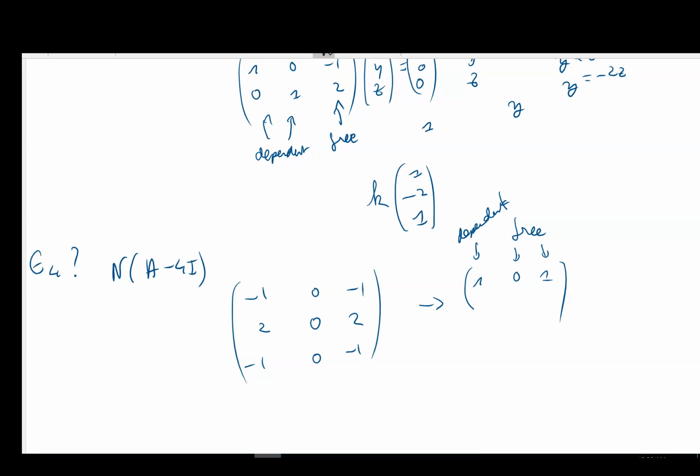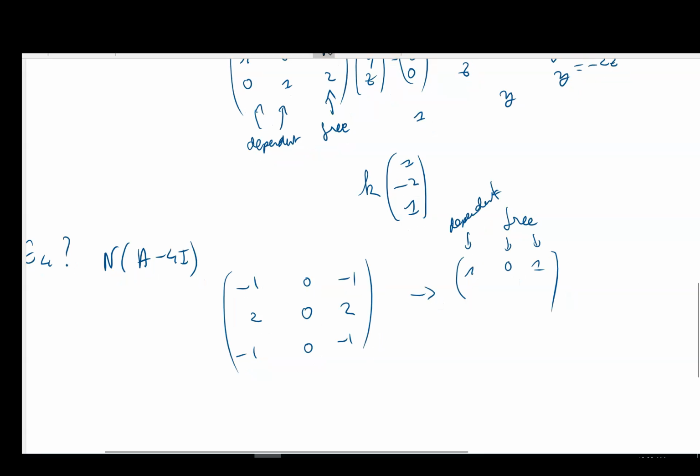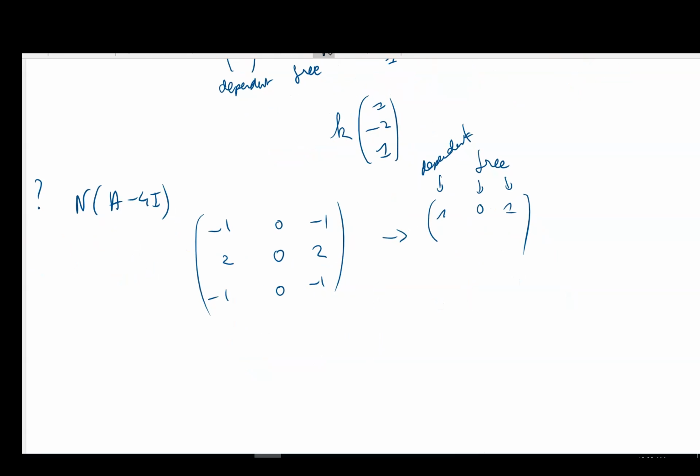That means I will be able to find two linearly independent eigenvectors. The free variables are z and y, and x is equal to negative z, because this is solving x, y, z equal to 0, 0, 0. The value of y has absolutely no influence, but I must have that x plus z is equal to 0, so x is equal to negative z.